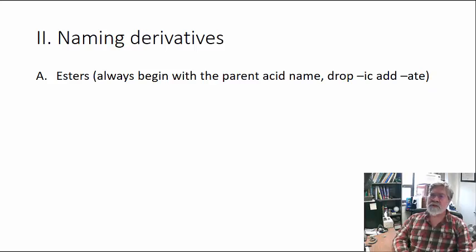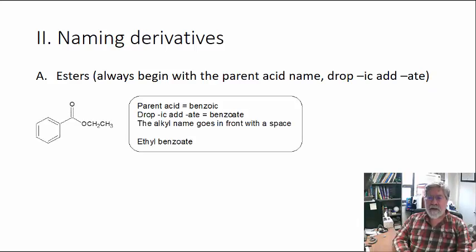So notice what it says first of all in parenthesis beside esters. Always begin with the parent acid name, drop the IC, add ATE. And so in the first example, think about that structure. On the left-hand side, the parent acid, which would always be the part that contains both oxygens, must be benzoic acid.